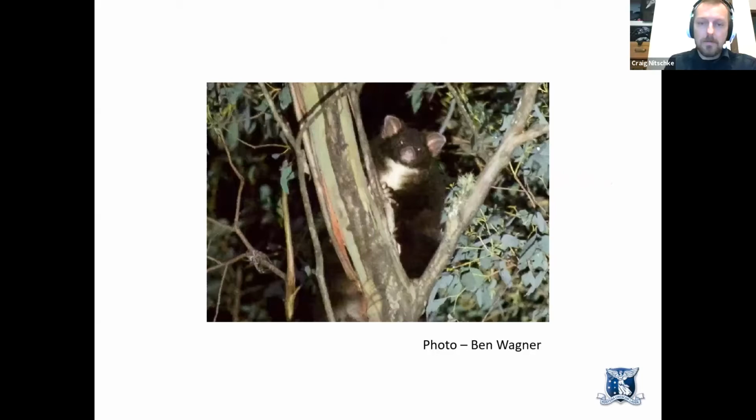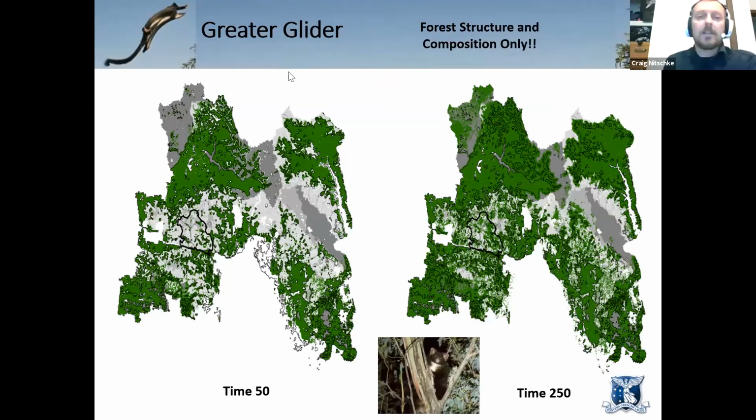We can simulate the habitat of greater gliders in these models with the impacts of wildfire and climate on the structure and composition of the forest. And when we do this, we can model what we see here, potential increases in greater glider habitat, some of this in this landscape anyway. But this didn't really fit with what is being observed.